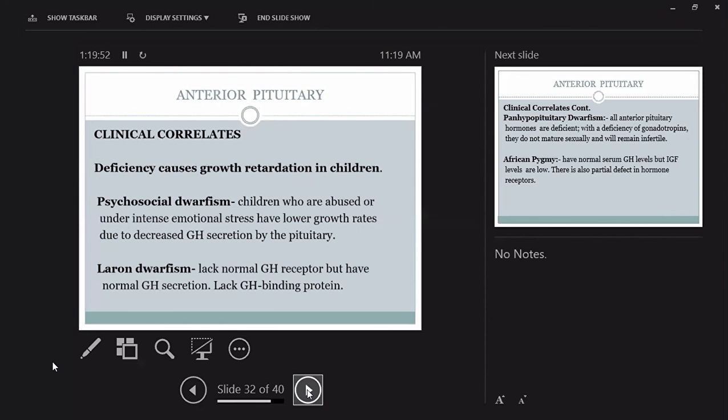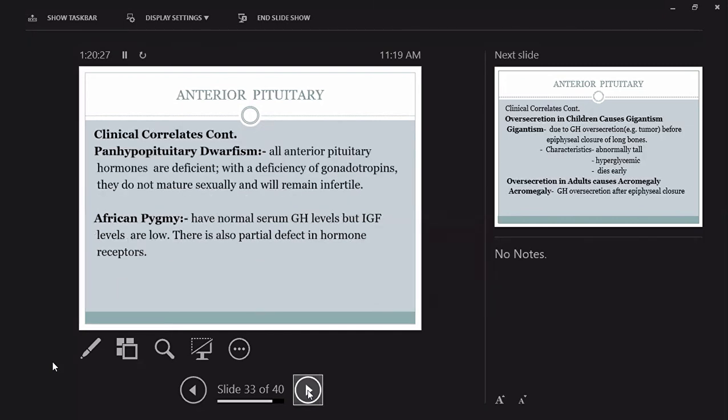Laron dwarfs lack growth hormone receptors, but have normal growth hormone secretion. So instead, they lack the receptor in the target tissues. They lack the growth hormone binding protein. That's why they end up stunted in their growth. One, hypopituitarism dwarfism.